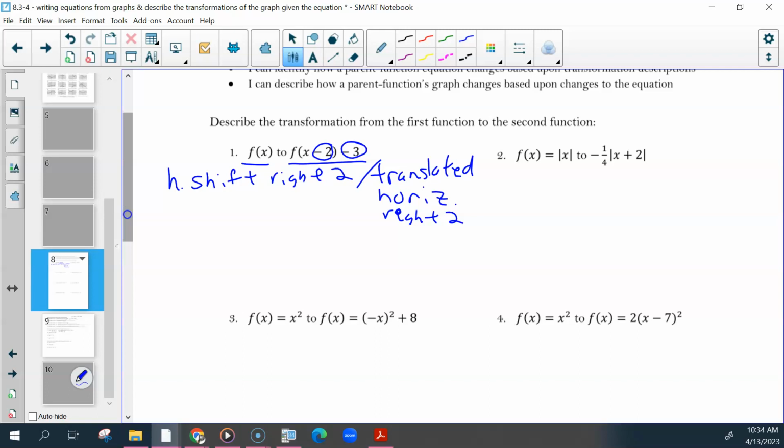And then we have one more. There's a 3. It's on the outside, so that's something vertical. Anyone remember what that does? The vertical shift. In what direction? Left and right or horizontal? Up, down. Down. Yes, down, negative. So in our shortened words, vertical shift down 3. In the elongated words, translated vertically down 3.